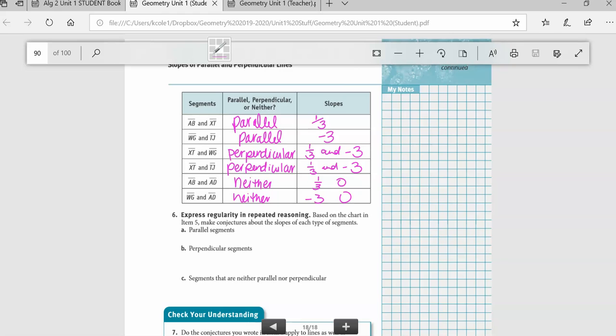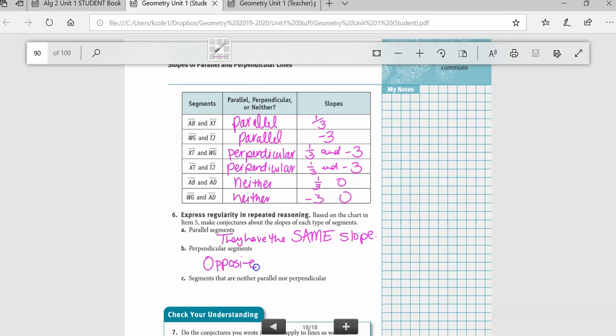So they want us to write the rules on number 6. So if you have parallel segments, they have the same slope. Parallel are going to have the same exact slope. If they are perpendicular, they have the opposite.